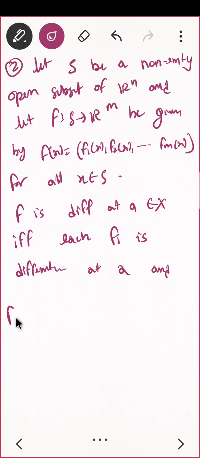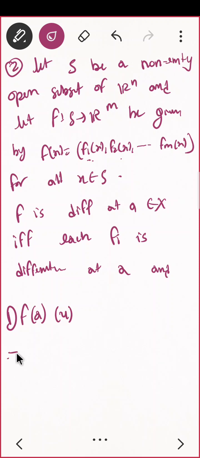This is like what we did in continuity. Component function: the function is continuous if each of the components is continuous. Same here also, this function is differentiable if each of f1, f2, fm are differentiable. As simple as that.